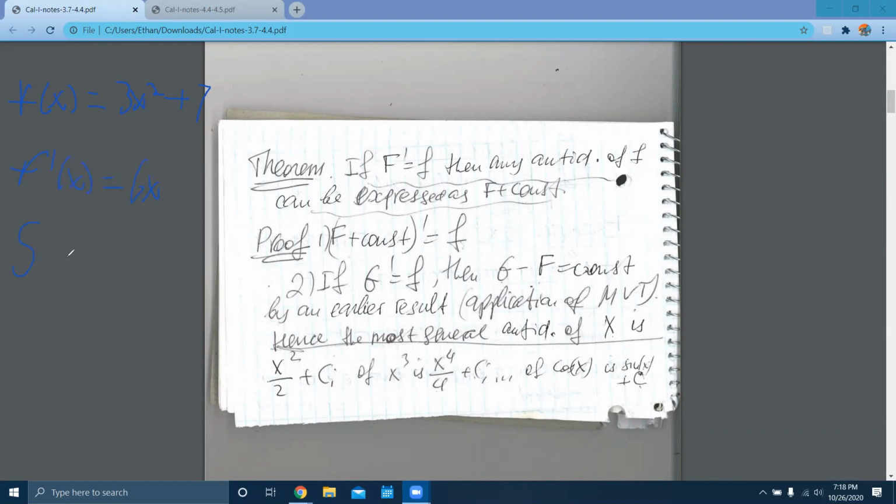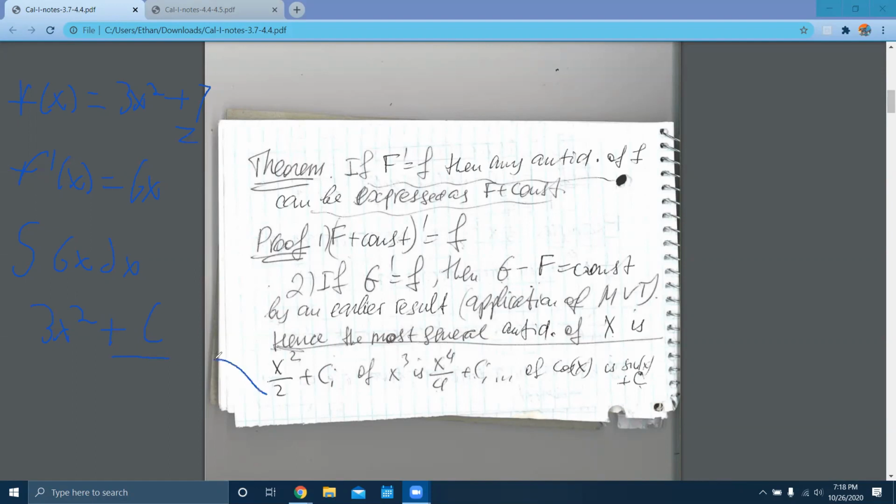When you take the antiderivative of 6x dx, you're left with 3x squared, but no constant. So we don't know whether or not this function had a constant. So we say plus c, being a constant that you can solve for later. But you have to put that plus c because you do not know whether or not there was a constant on that original function.